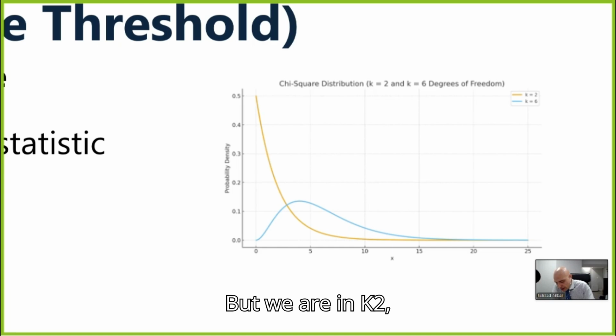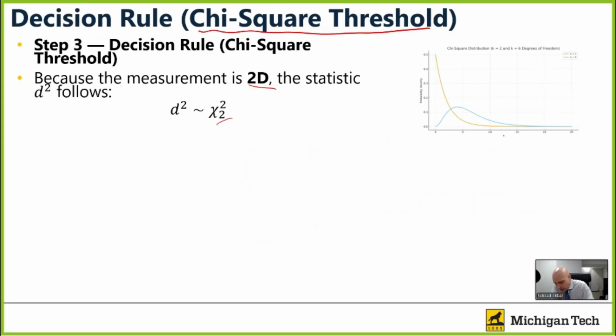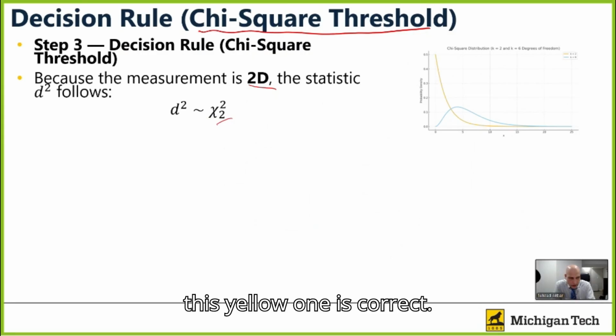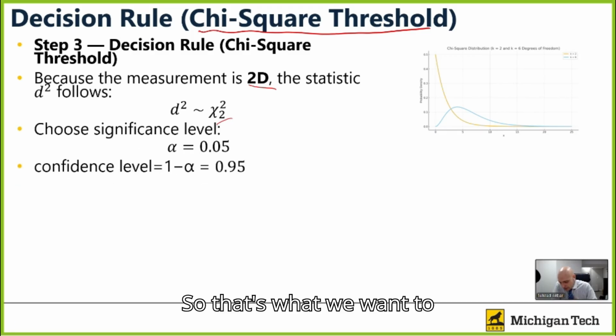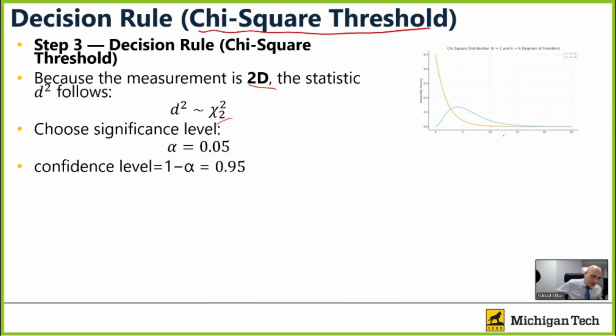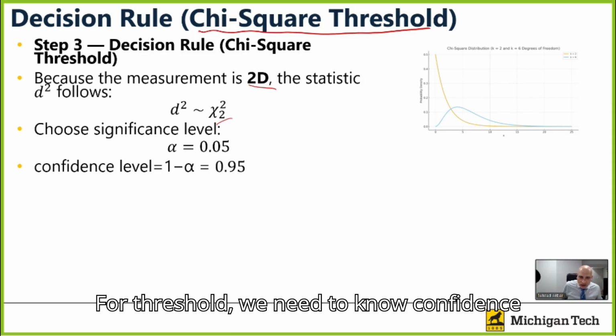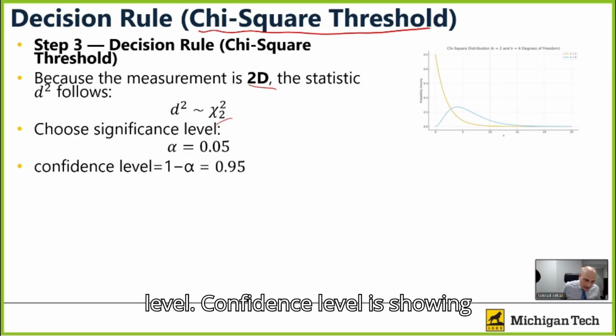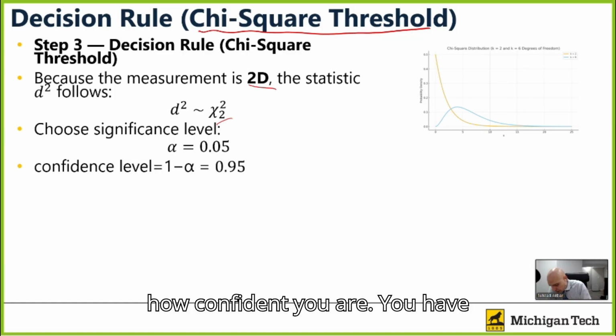But we are in K2, so this yellow one is correct. So that's what we want to test. This is how we can find the threshold. For the threshold, we need to know the confidence level. The confidence level shows how confident you are.